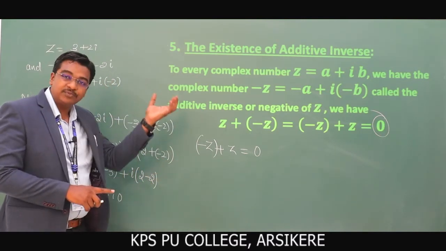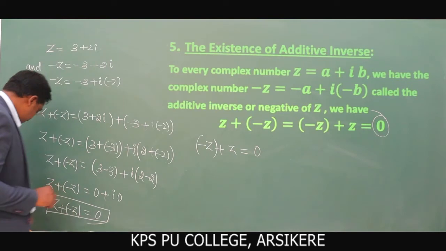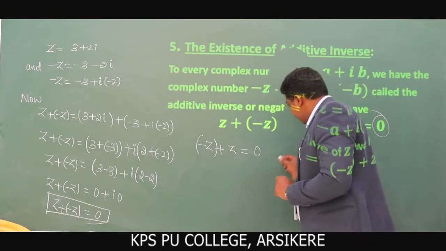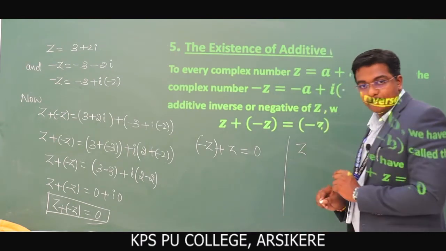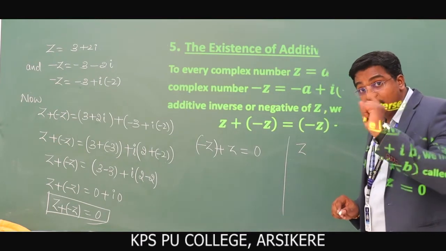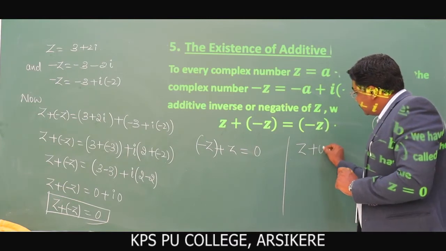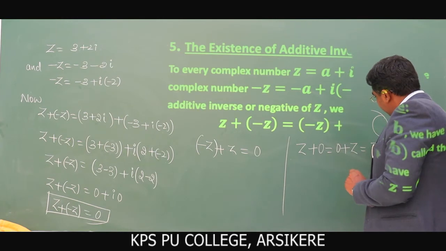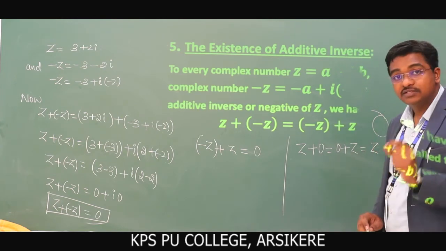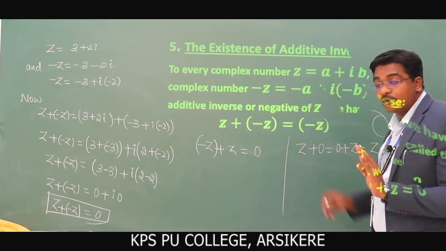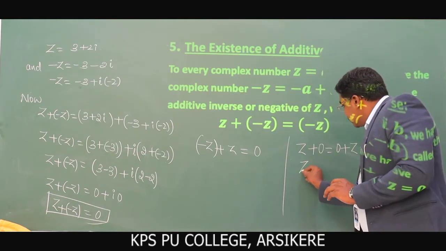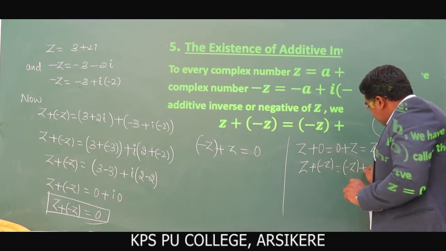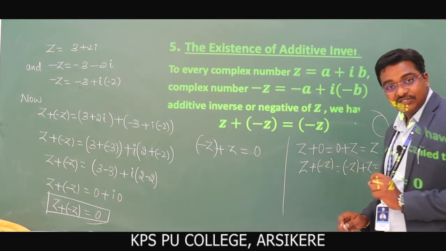Okay. So observing the previous property, what we conclude here: when we have the complex number z, for the identity property z + 0 = 0 + z = z. At the same time for the inverse property, z + (-z) = -z + z = 0.